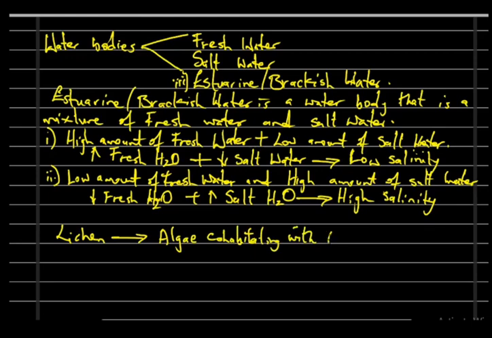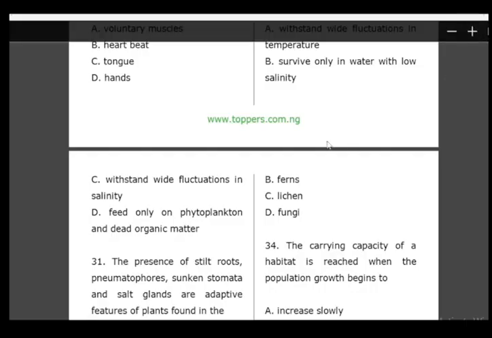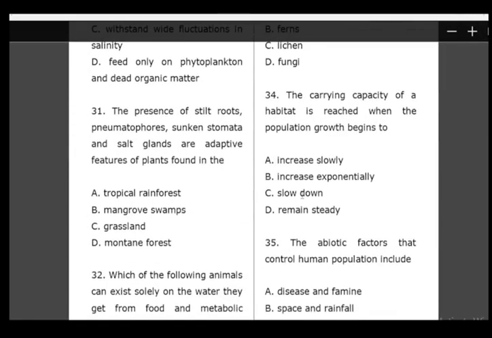Algae cohabitating with fungi is what gives us lichen. So fungi would have stayed there for some time, then carried out a particular type of relationship, and that is what brings about lichen. So I'll pick our answer there to be option D for that particular question 33.